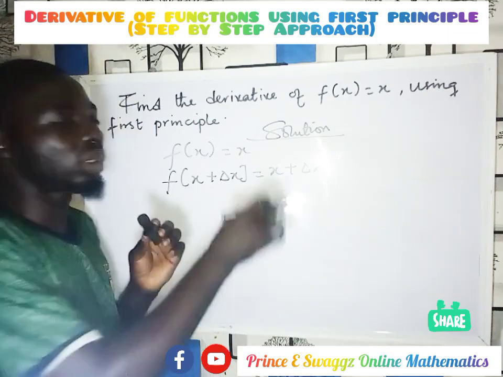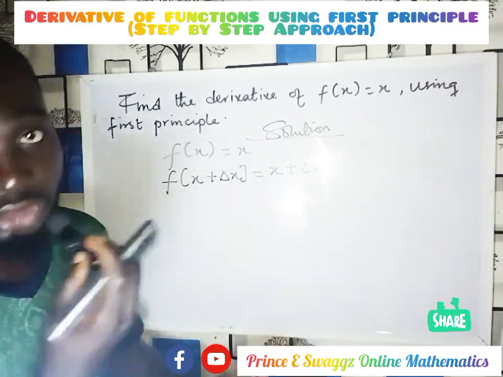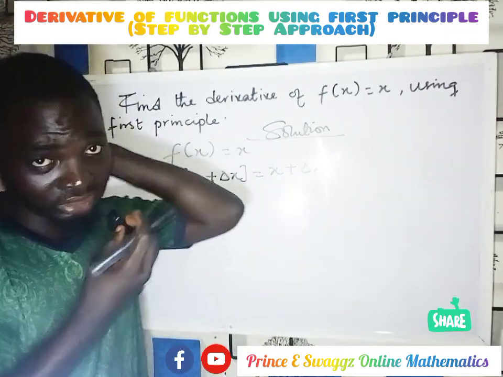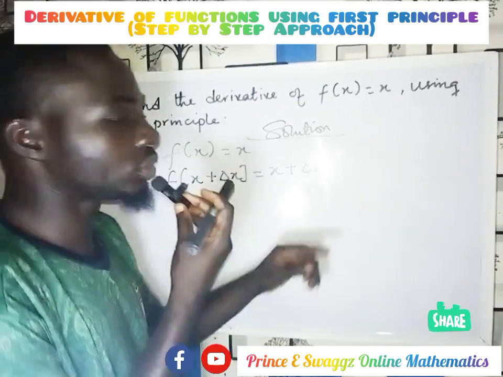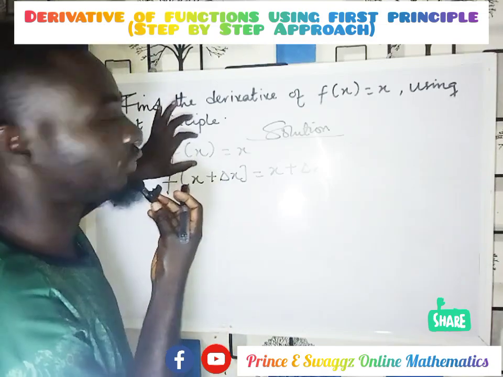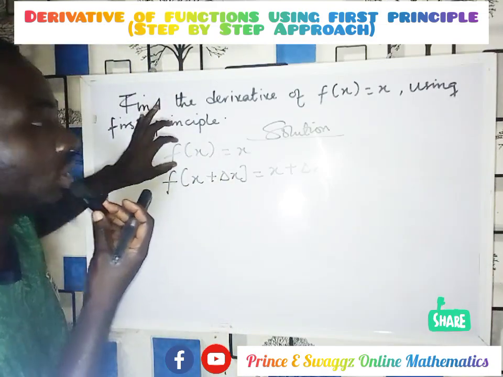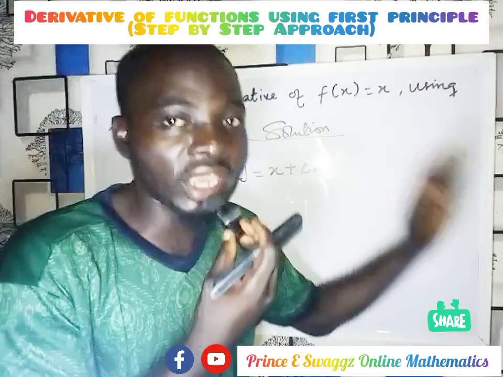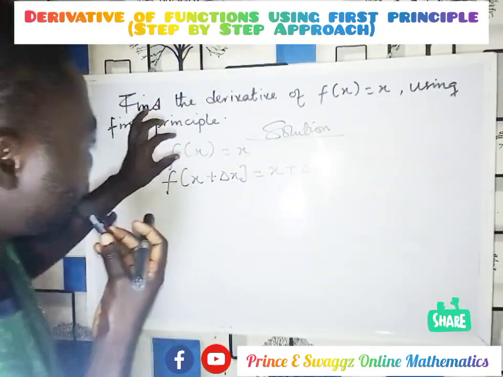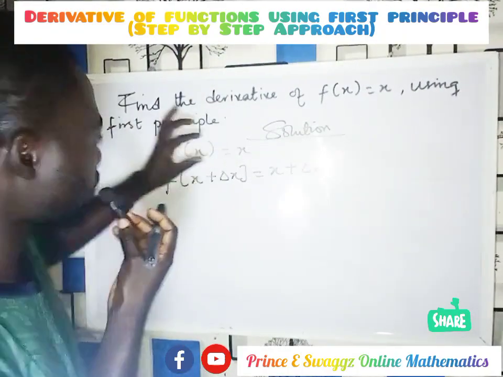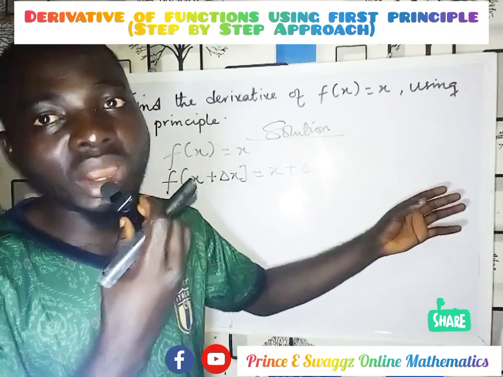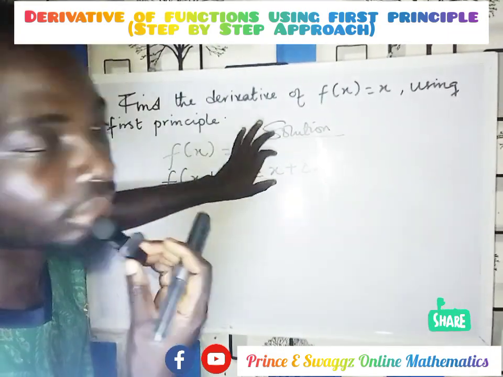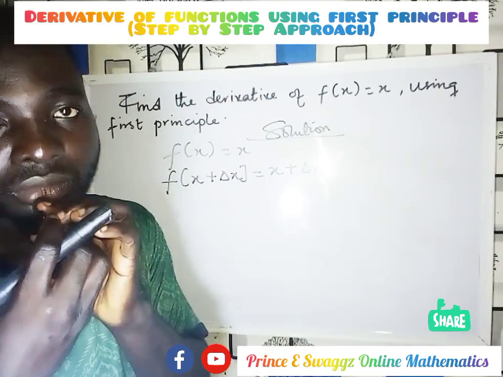Once you have added your change in variable, the next step is to subtract your function, which is f of x, from both sides. Our function here is f of x, so you subtract it from both sides. And why are we doing that? So that this first term can terminate.